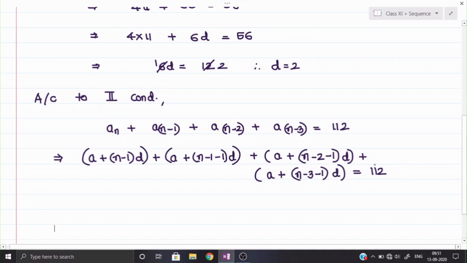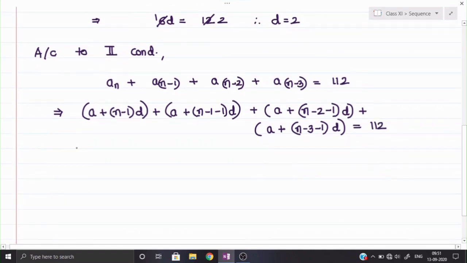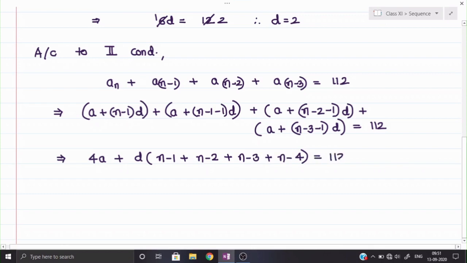Now A, all I am adding, so that will come again 4A. And all the terms of D I am taking common, so the remaining is n minus 1 plus n minus 2 plus n minus 3 plus n minus 4, is equal to 112. 4A, value of A I am keeping as 11, and 44 will go on that side.